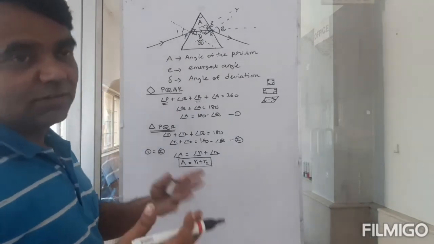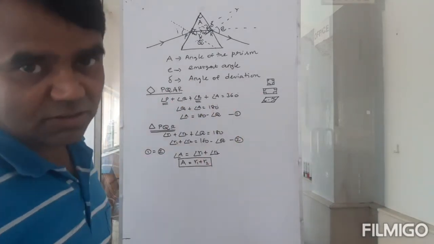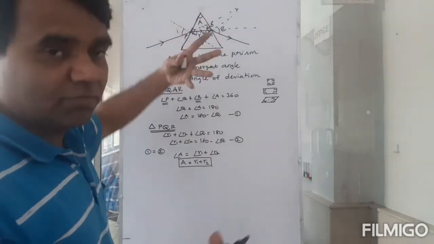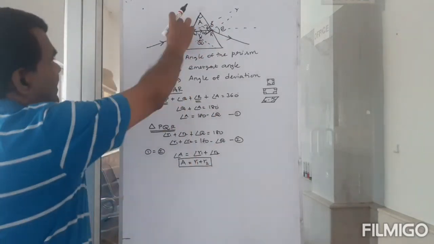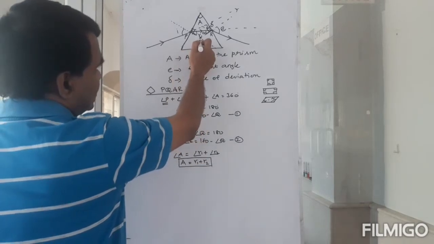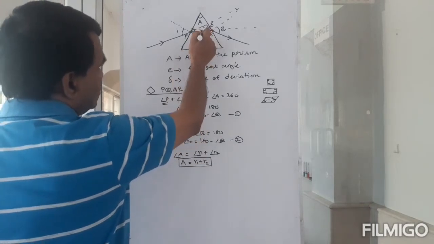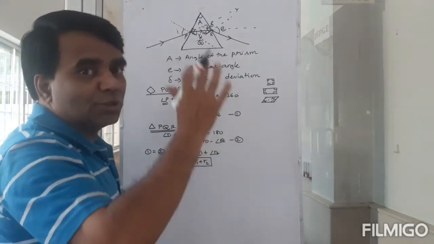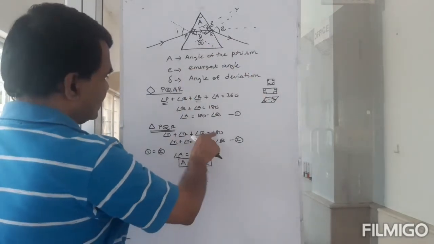If I increases, R1 will also increase. Why? Because sin I by sin R must be a constant. The refractive index of this medium must remain the same. So if I increases, R1 should also increase. Then Q will remain constant. But R1 plus R2 and Q should always be equal to 180 degrees, as you saw here.